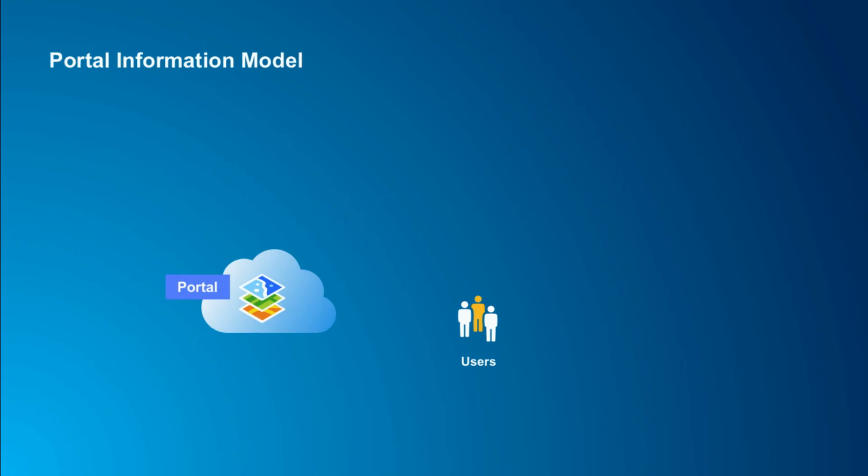So the first thing I wanted to start with was the portal information model. So there are four components that we usually talk about. The first one is the portal itself. So the portal is the container in which you work day to day. It has users. So these are the users, your named users that you invite into your portal to do work.